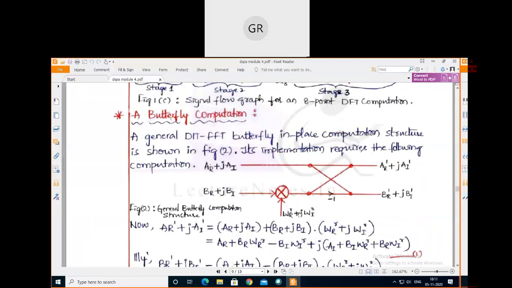What do you mean by complex values? Anybody? What is complex values?